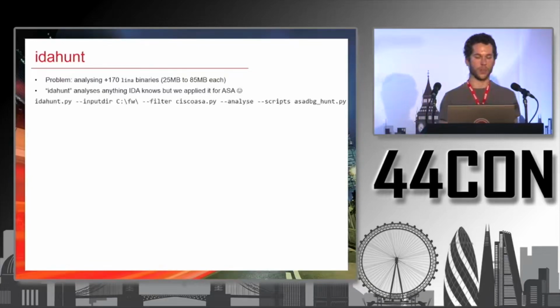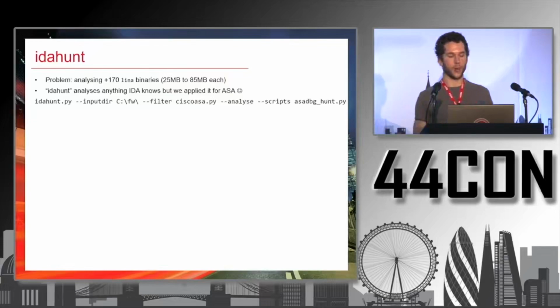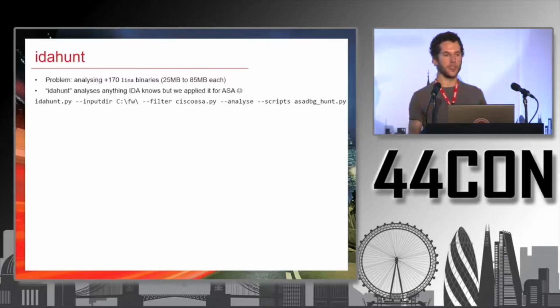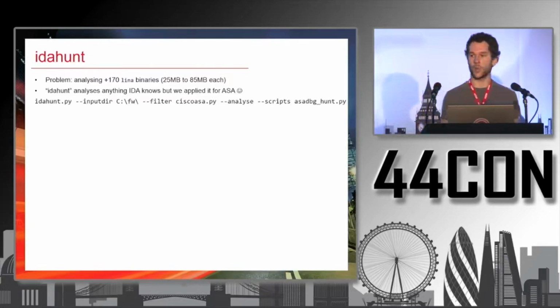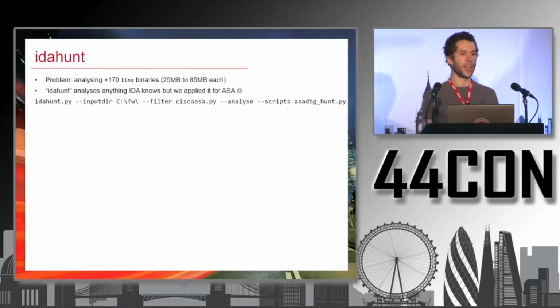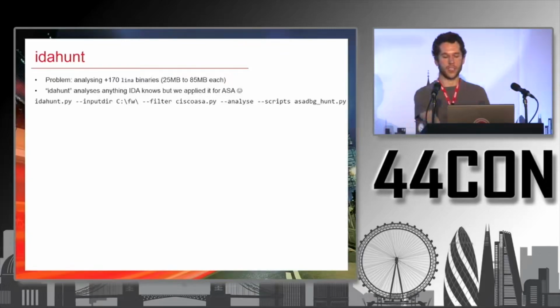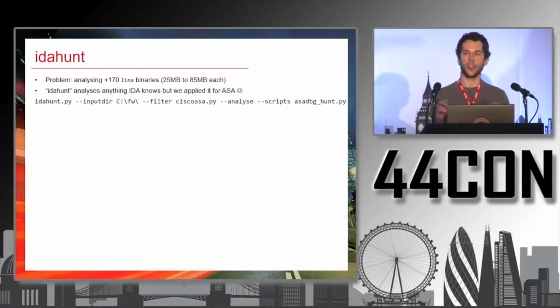So you use IDA Hunt from the command line. You specify the folder that you want to analyze. It's going to analyze all the files from this folder, except that you can specify a filter that will indicate which files you want to analyze. In our case, we specify that we only want to analyze the Lina files. Then you can specify --analyze to indicate that you want to do the initial analysis in IDA, which is the first thing that happens when you load the binary.